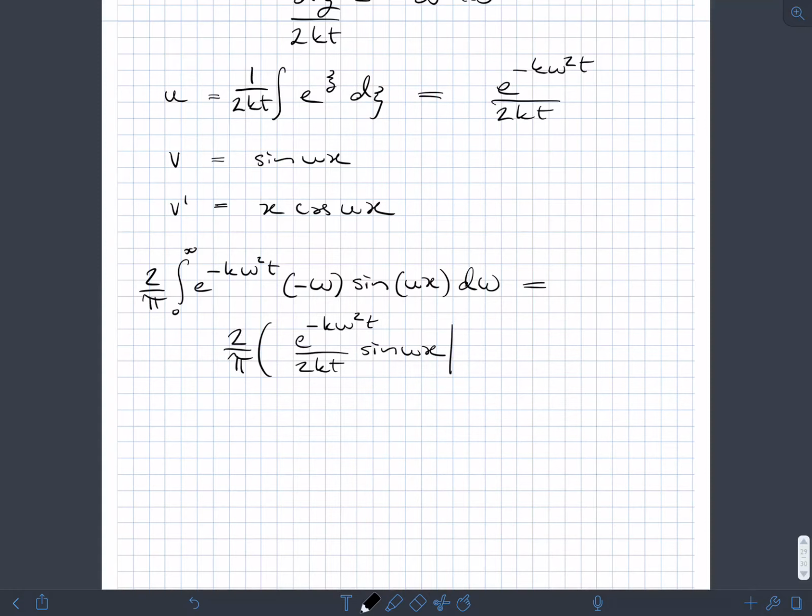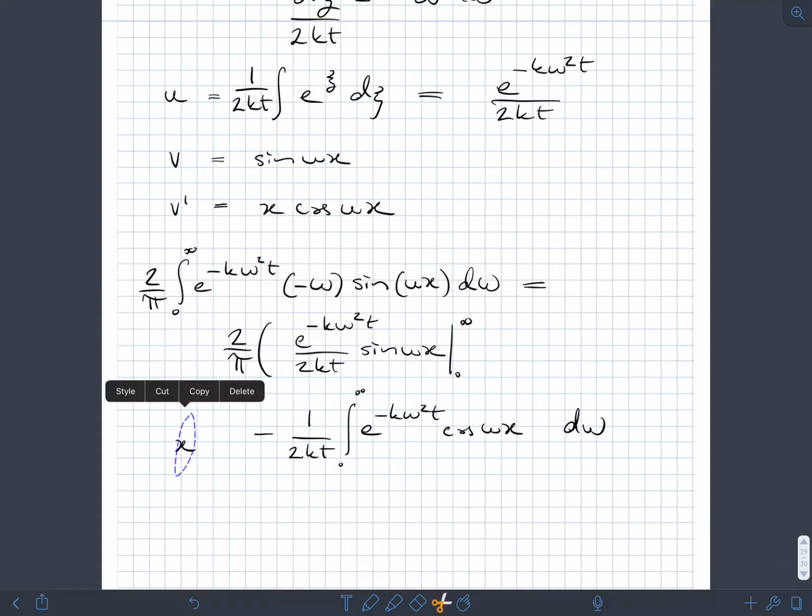Okay, and then it's evaluated at 0 and infinity on the upper limit. And then that's going to be minus 1 over 2kt from 0 to infinity e to the negative k omega squared t, and then cosine omega x, and we also have an extra x in there, d omega. That x is invariant under the transformation, so I can take that guy out, put him out the front.